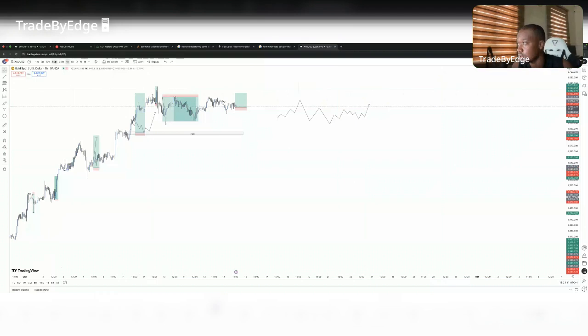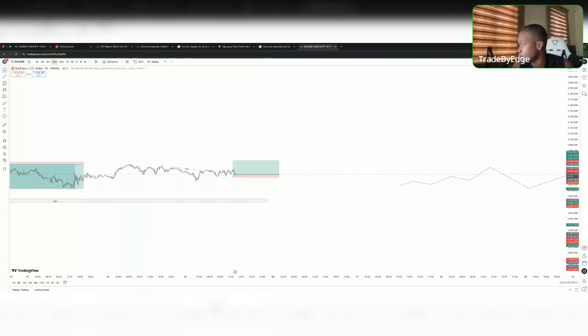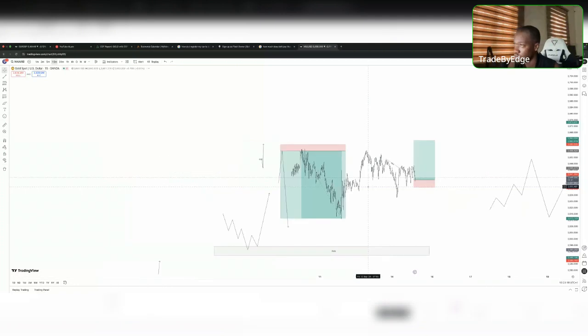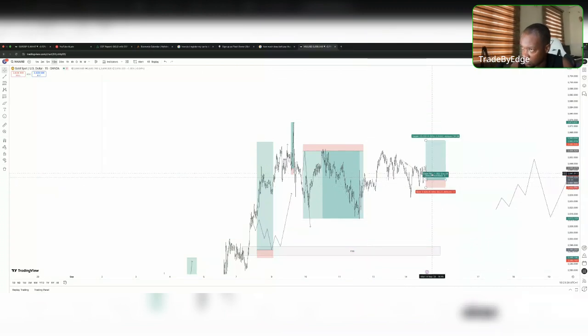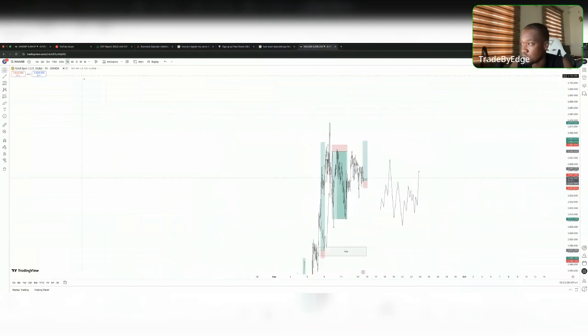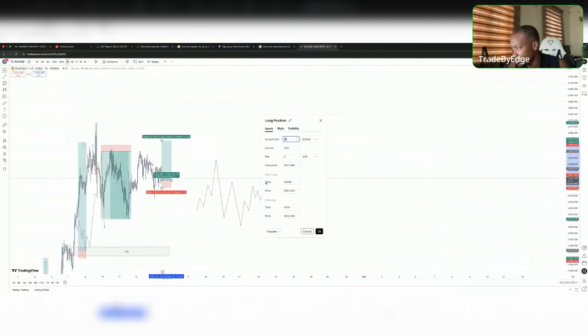Okay, if you're on this live right now, it is not late to take gold. Use a lower risk. Buy gold. If you want to buy gold, SL is going to be around 50 pips. That is why I'm saying use a lower risk.